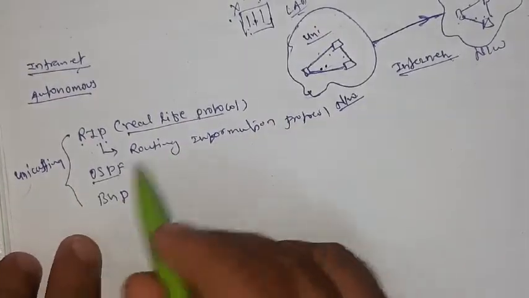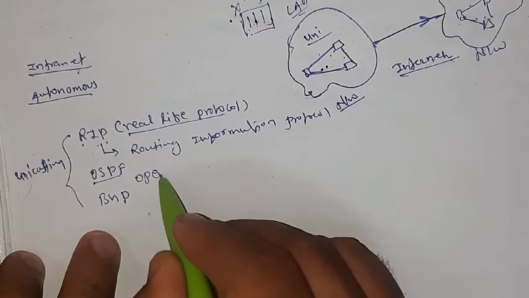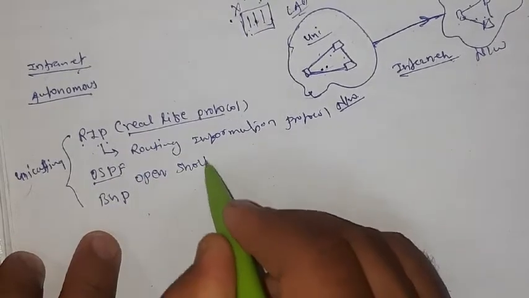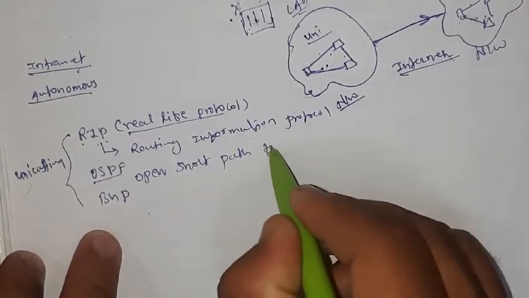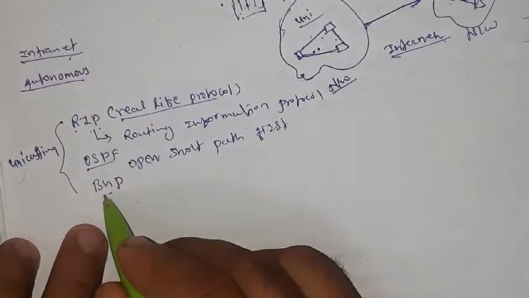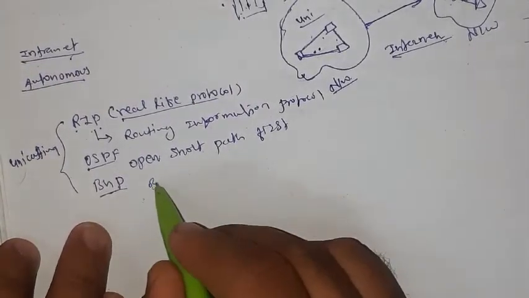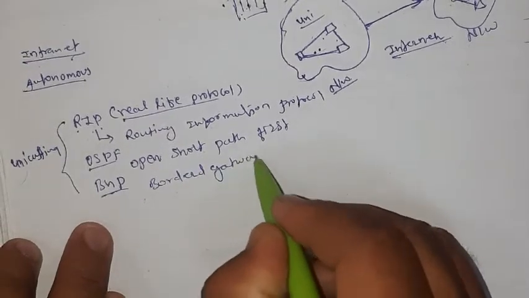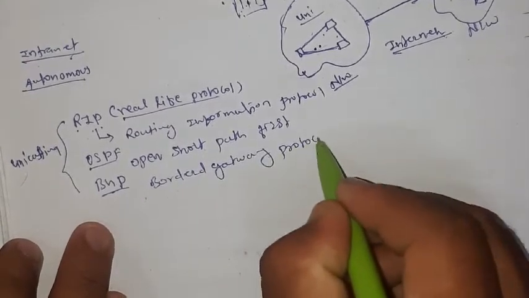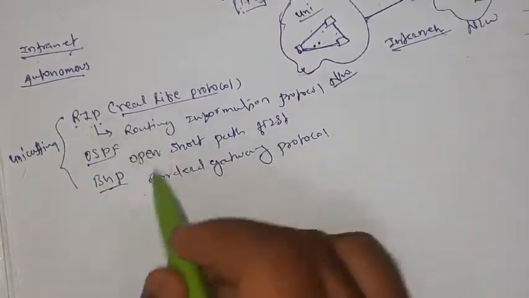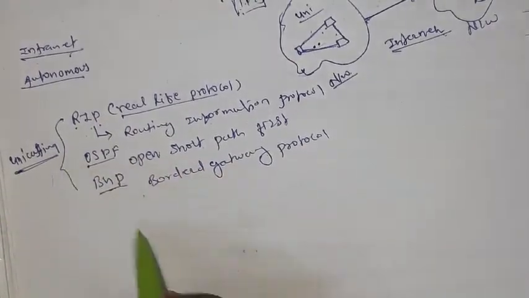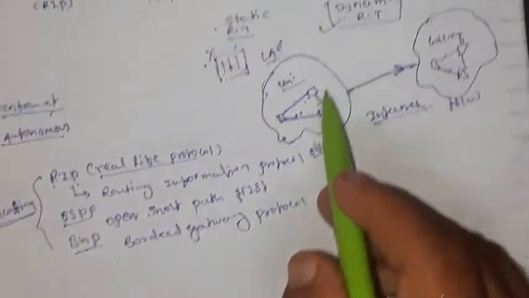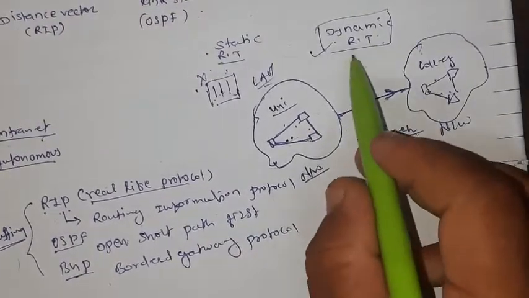OSPF, open shortest path first, and another one is BGP, border gateway protocol. All of these protocols are unicast protocols and they use a dynamic routing table.